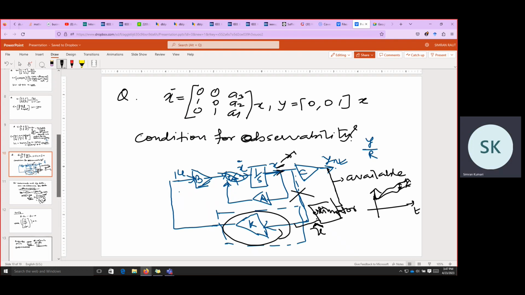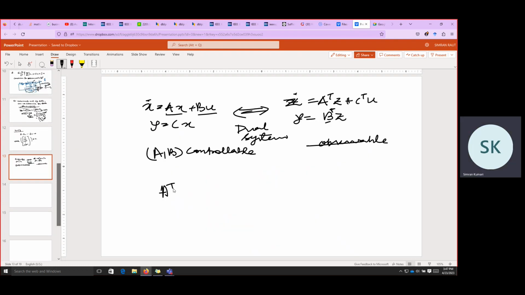So in this case, what would be the dual system? The dual system will be A transpose, with rows 0, 1, 0; 0, 0, 1; a3, a2, a1.